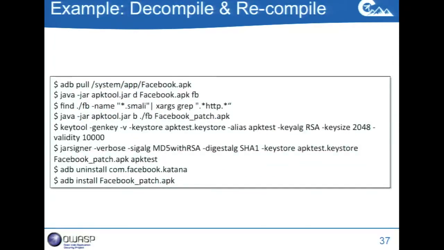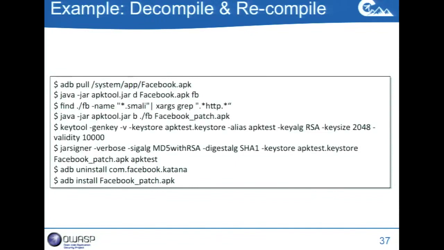Here's an example of how you might do that. You can use APKTool just normally, unbundle it, make whatever modifications you want. You will need to re-sign the new APK if you bundle it back up. What's interesting is that if the app's currently installed on your device and you try to deploy your malicious version, Android won't let you install it over top of that app, right?